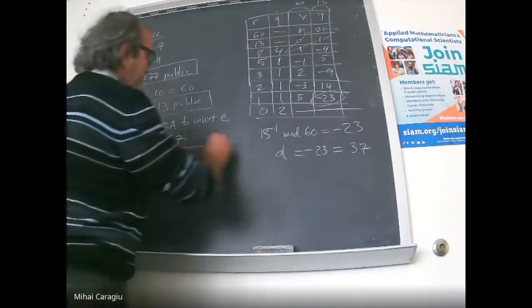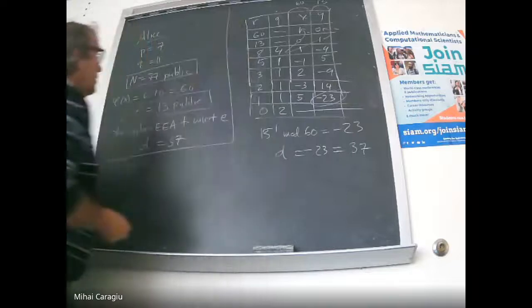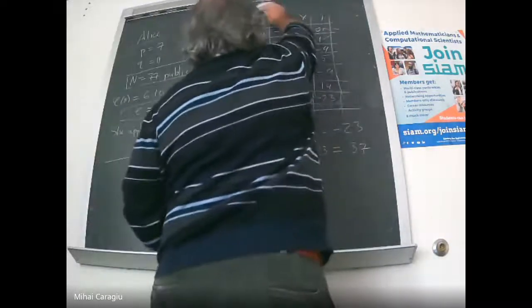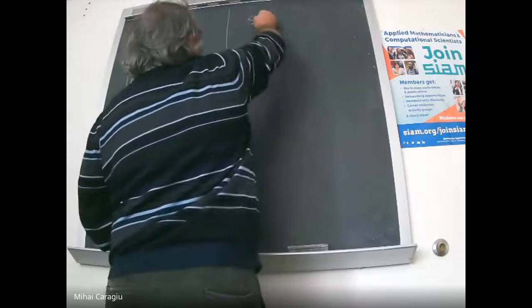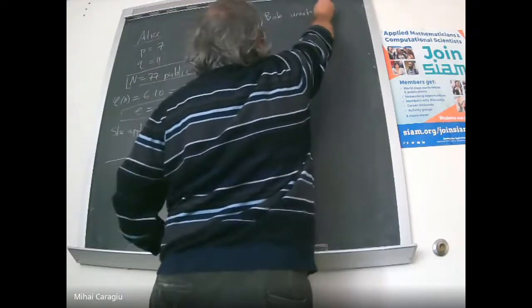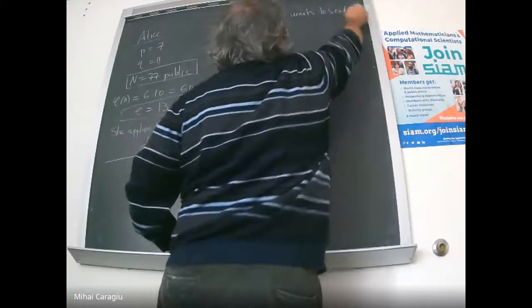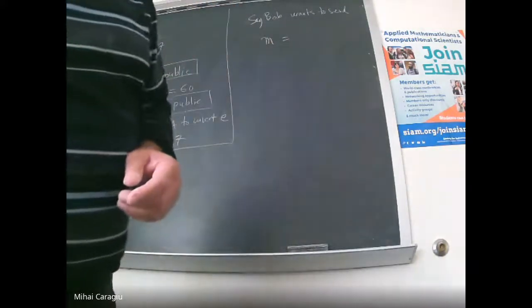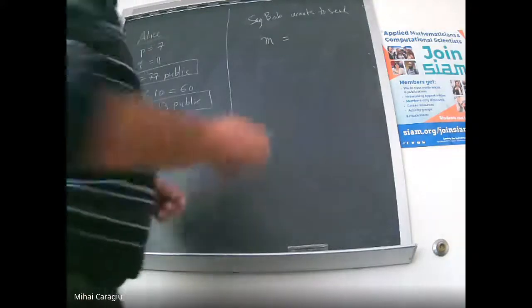So for all practical purposes, she is all set. Now let's look at Bob. Let's say Bob wants to send the message M. I'm choosing a message that is convenient to calculate: 27.